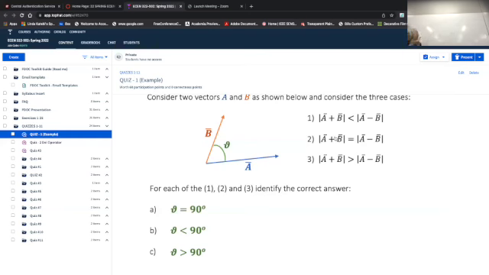Remember that. So if I were to do it here, if you have one vector here, A, and another vector here, B, the sum of the two is this one. I want you to remember this.